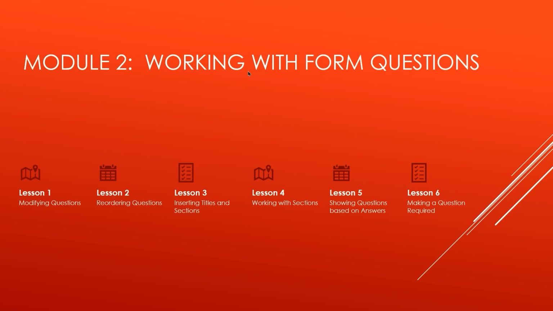To recap Module 2, working with form questions, I changed the order of the lessons around a little bit, but essentially, you learned how to modify questions, how to reorder questions. We inserted a title in sections. You learned how to work with sections, how to show questions based on answers, and how to make a question required.